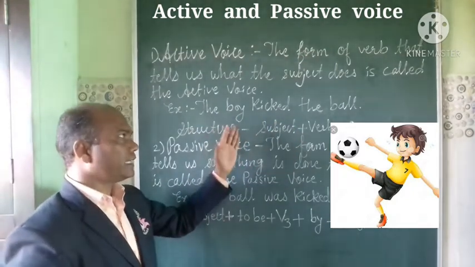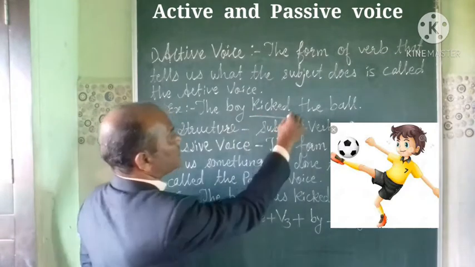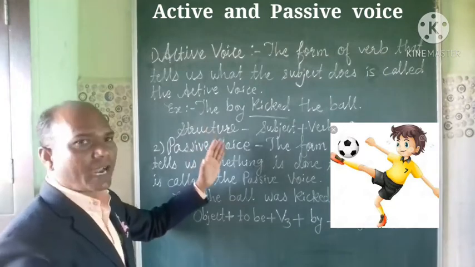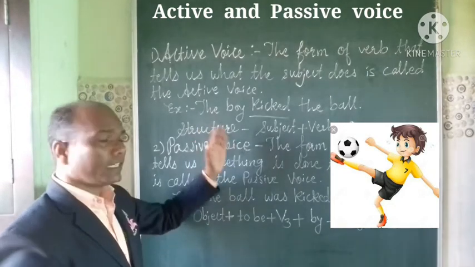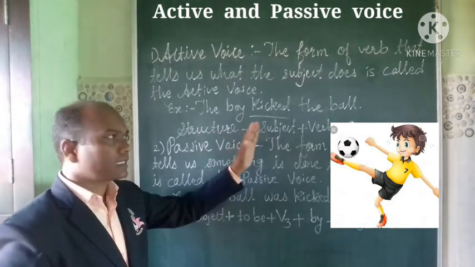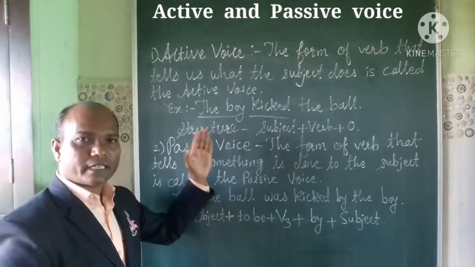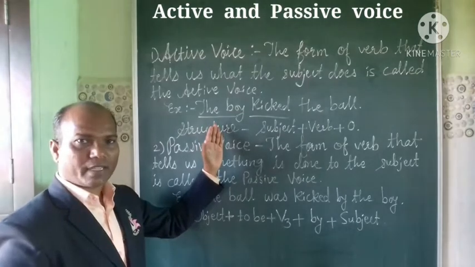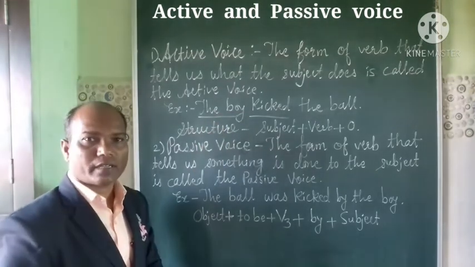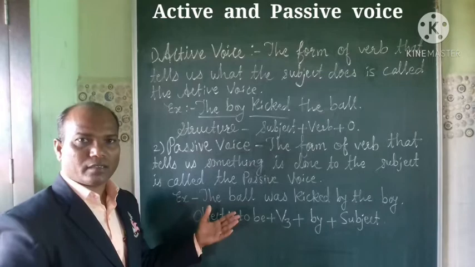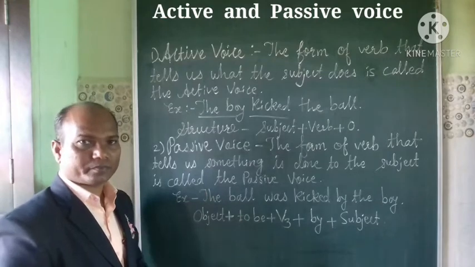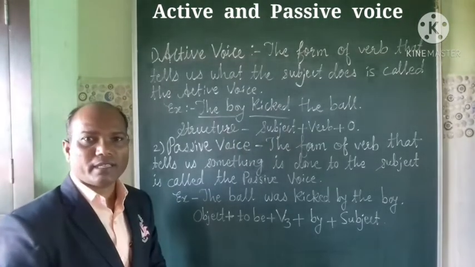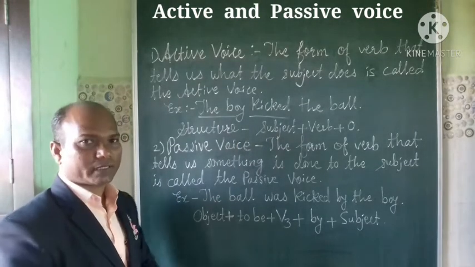Here in this sentence, kicked is a verb. This is the form of the verb which tells us that in this sentence the subject does something. In this sentence, the subject is given more importance. It is the doer of an action. It acts there. That's why the sentence the boy kicked the ball is said to be in the active voice.